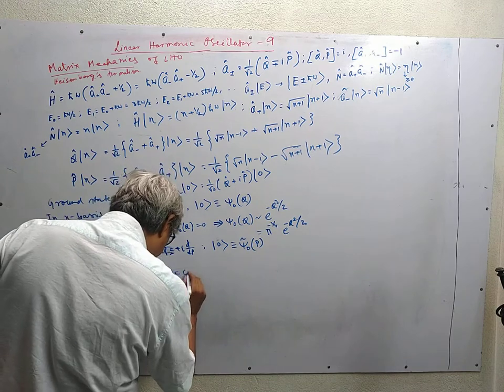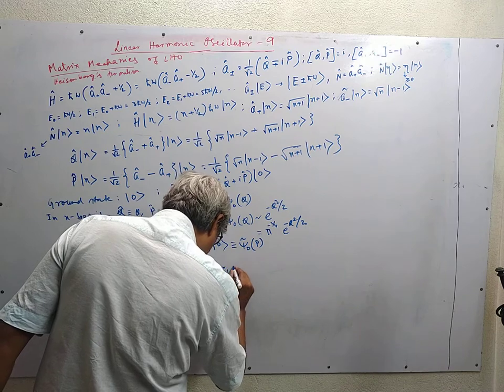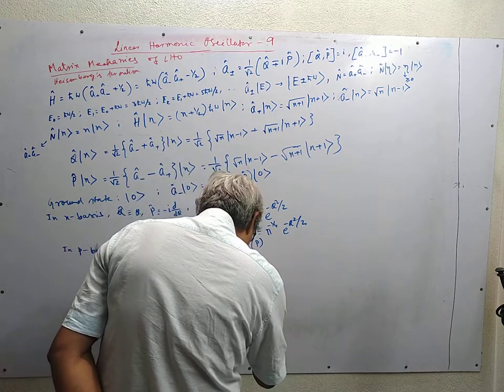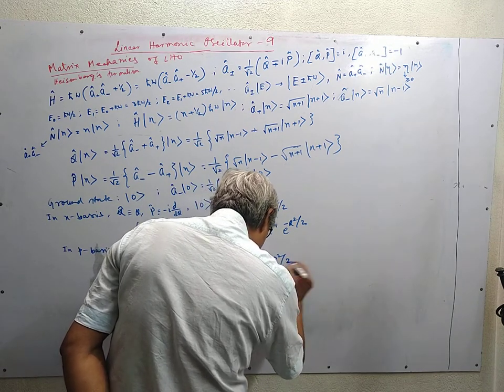When we solve this differential equation and normalize it, we get psi 0 of P equal to pi to the power minus 1/4 e to the power minus p square by 2.